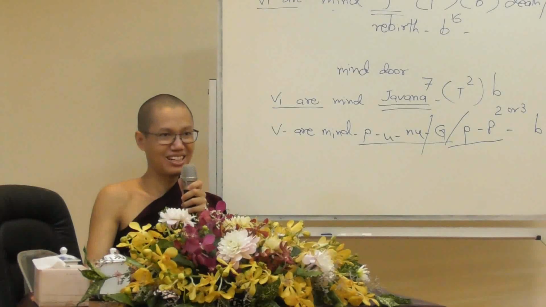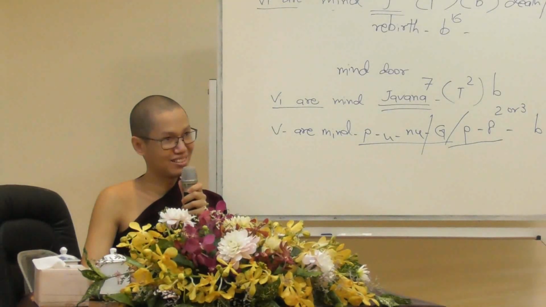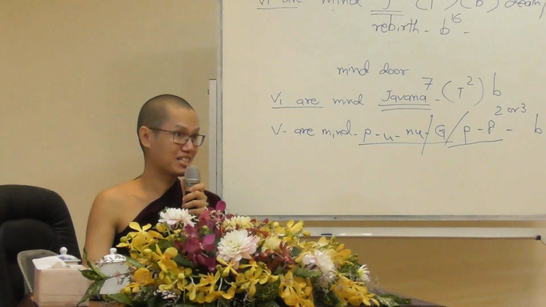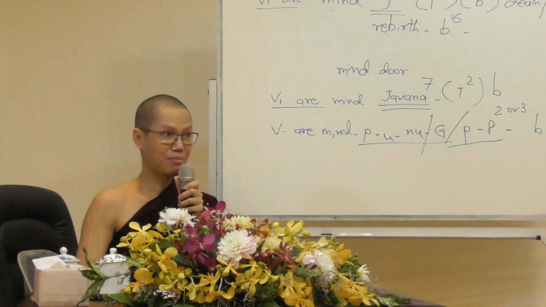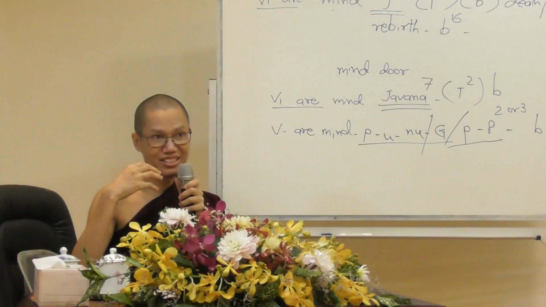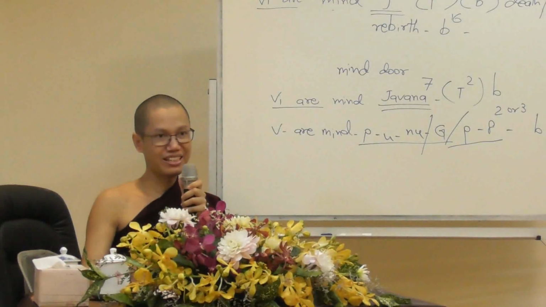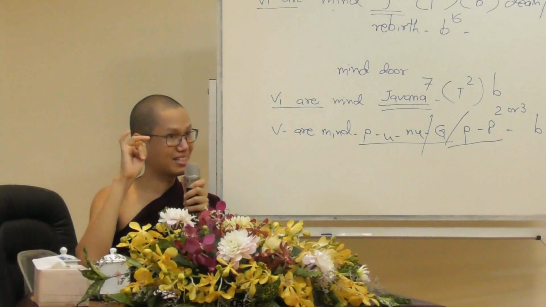Some people's karma-born materiality is very weak. If you make a little mistake, you will suffer very much. Although we are eating the same things, the problem may not be the same, because the original gene is different. So about the physical body, there are 4 causes: food, temperature, mind, and karma.